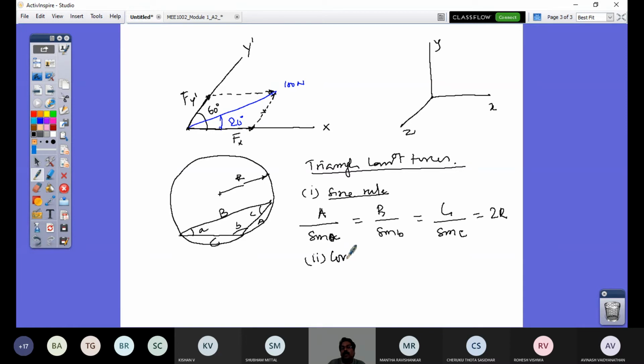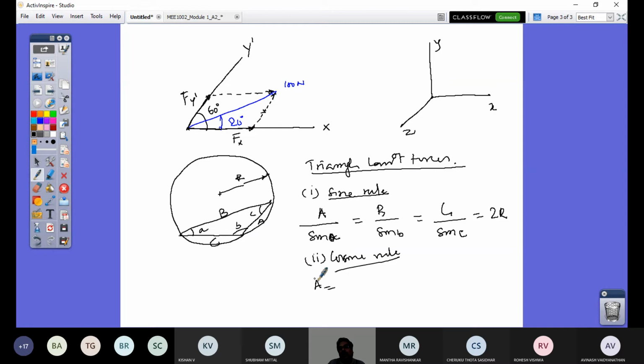So the next one is the cosine rule. What is the cosine rule? You see now I require side A, its magnitude. If one angle out of A, B, C were a right angle, then the Pythagoras theorem would be sufficient. But they are not, that is why this.